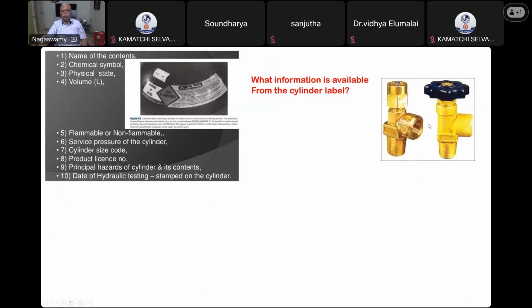There are two valves shown here. Can anyone identify them? Bullnose, sir. One is called the bullnose, another one the hand wheel. So bullnose and hand wheel valves. These are the valves which go on top of cylinders, usually used in the wards in small hospitals.